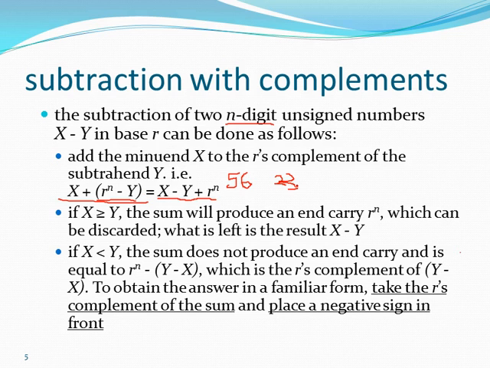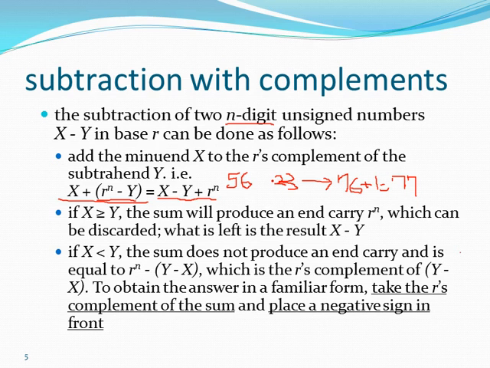So tens complement of 23 is, if we first calculate nines complement, that is 76. So if we add 1, 77 is tens complement.